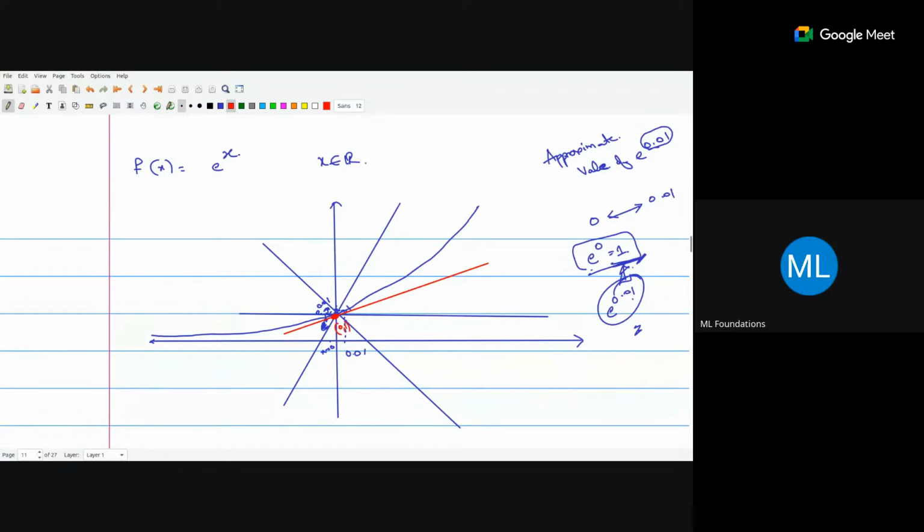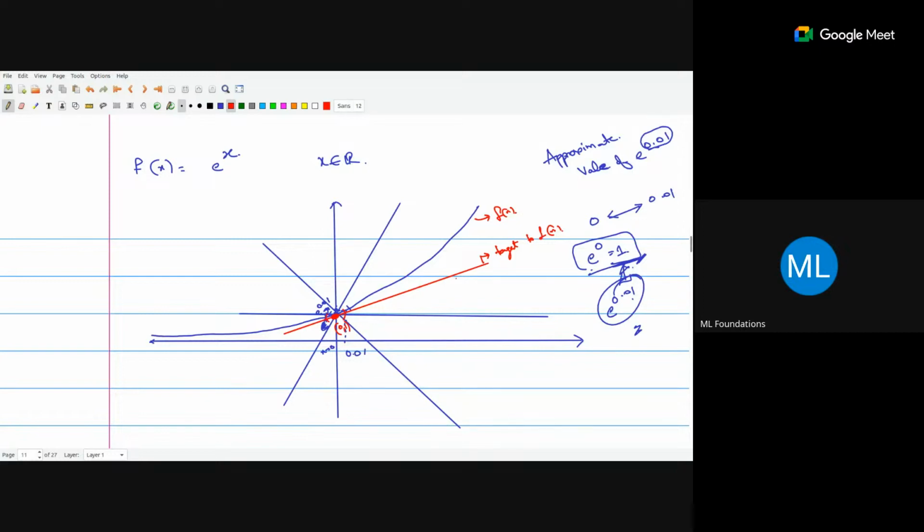this particular red line, which is tangent to f of x, is a better approximation compared to all the other lines around x equals 0.